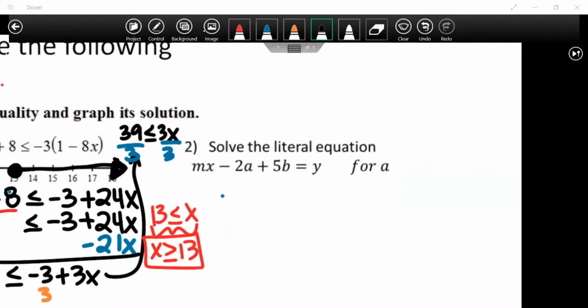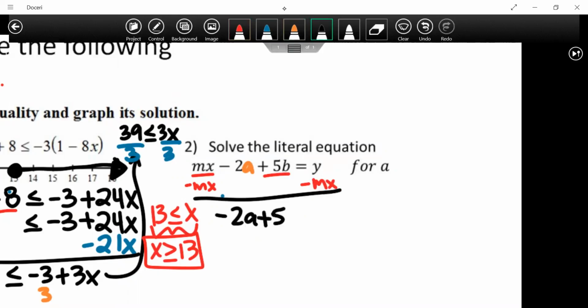We're solving for our a here. So I've got to get rid of this mx and this 5b. I'm going to do them in phases, so I'm going to subtract mx from both sides. Negative 2a plus 5b is equal to y minus mx.